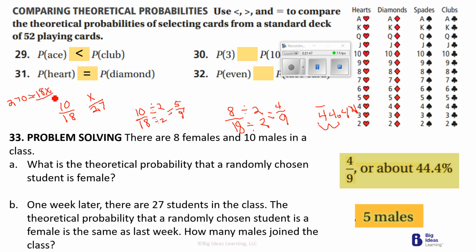I divide by 18 on both sides. 270 divided by 18 is going to give me, let's see, 15? Yes, 15. And remember, since only 27, how many males joined the class? If there were 10, then only 5 more joined the class. Okay?